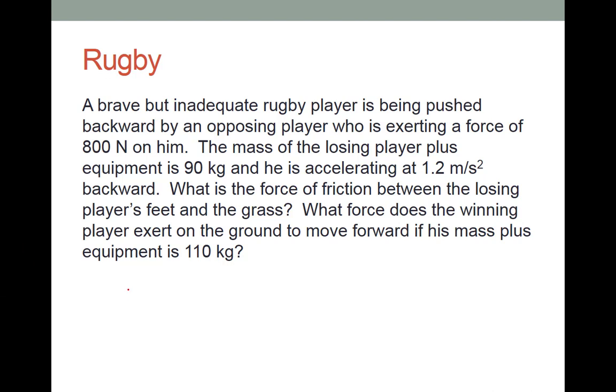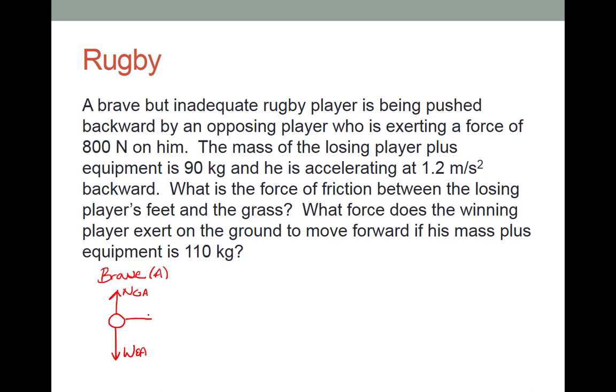So the first player I'm going to draw the free body diagram for is our brave fellow, even though he is not succeeding at our mission here. So there is the normal from the ground on him, and I'm going to call him player A. So the brave but inadequate player is player A. We have his weight.